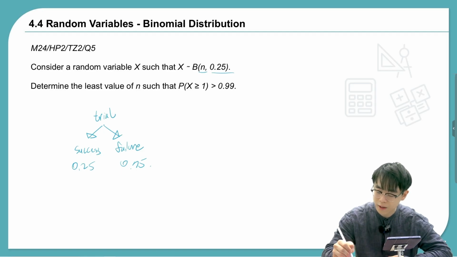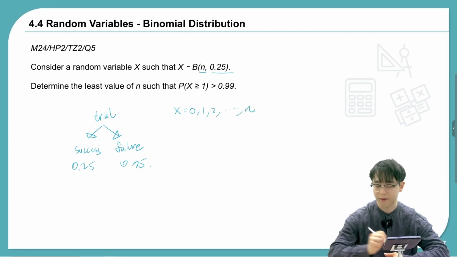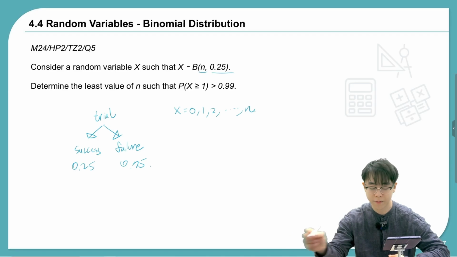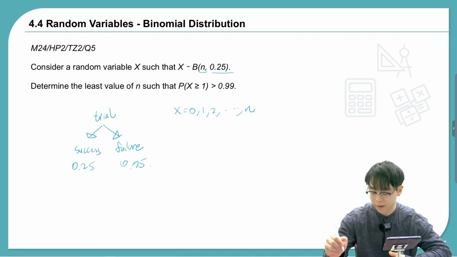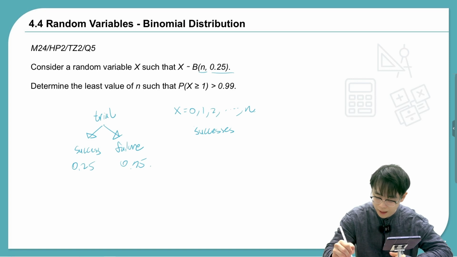Okay, so if we have n trials, we could have a total outcome of either x being 0, 1, 2, all the way to n, right? So we could have 0 successes out of n, 1 success out of n, 2 successes out of n, all the way to n. So these are the possible outcomes of having this many successes out of n trials.